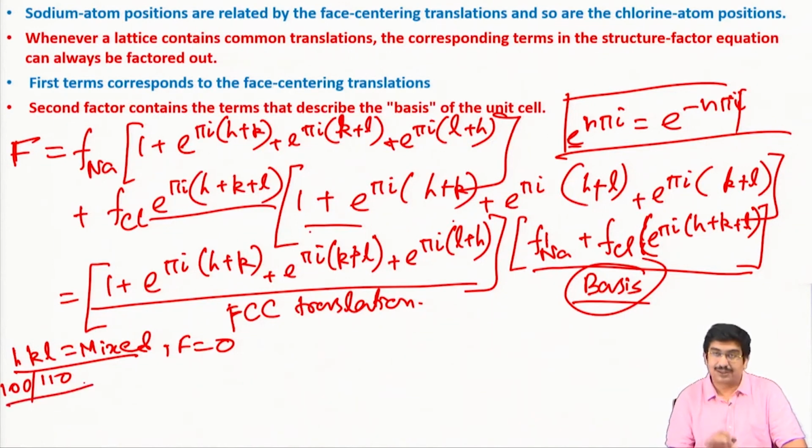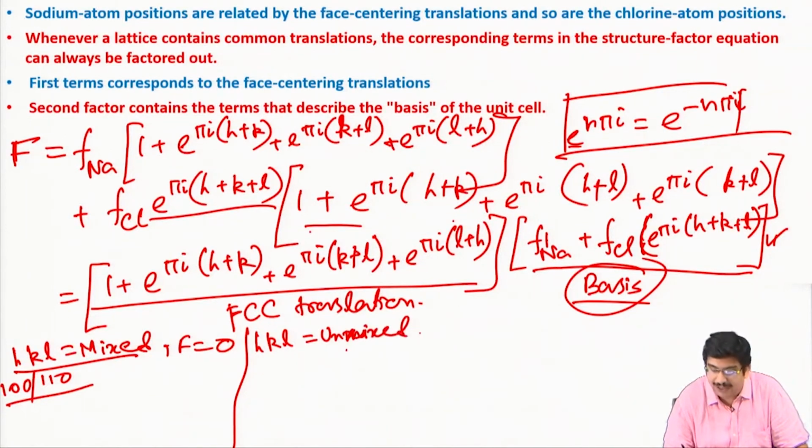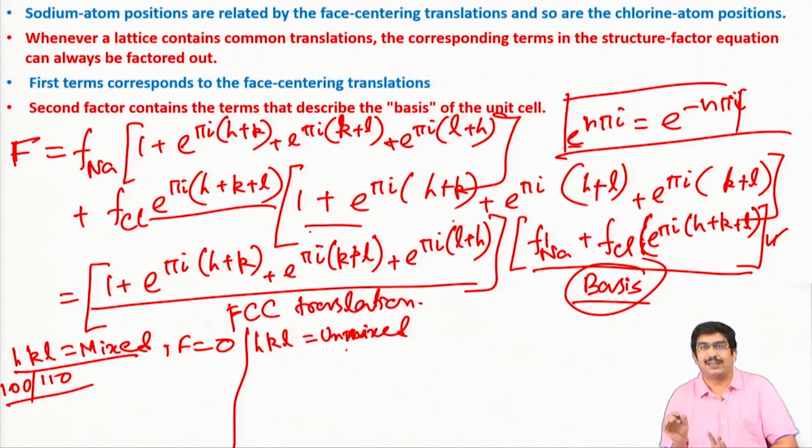So, that says that this is basically an FCC unit cell with some other kind of modification. What is that modification? That we have to see, and for that this will add additional conditions in this structure when HKL is unmixed. So, we have to now consider HKL unmixed. In the case of normal FCC, if it is unmixed, we should always get intensity, right.